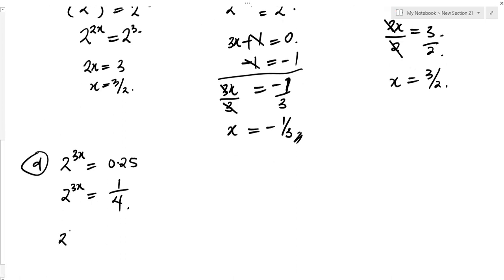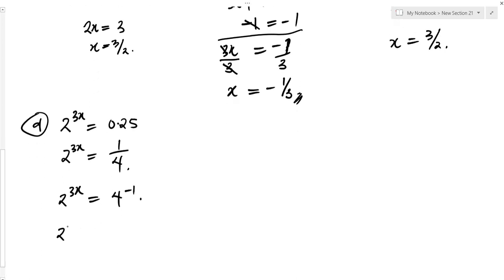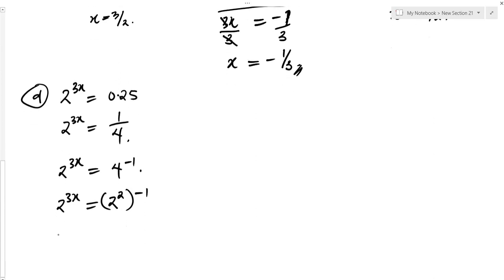So you have 2 raised to power 3x equal to 4 raised to power minus 1. And 4 is 2 raised to power 2, so 4 raised to power minus 1 is 2 raised to power minus 2. Now you have 2 raised to power 3x equal to 2 raised to power minus 2.